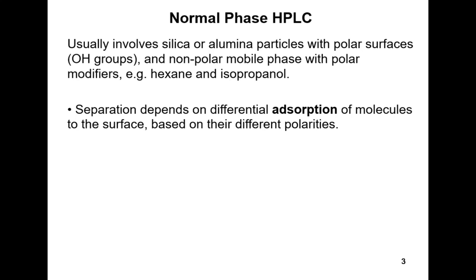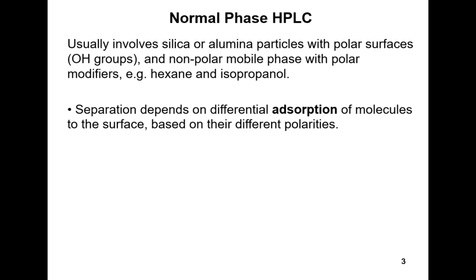And what you have is columns packed with polar materials like mostly silica, but it can also be alumina, aluminium oxide. The point with these is that they have a polar surface with lots of hydroxyl groups presented.